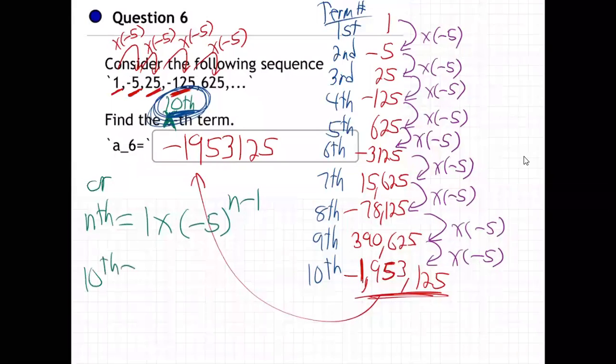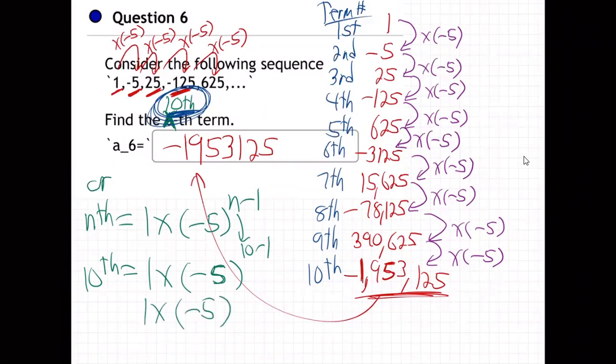So the 10th term would be 1 times -5 to the 10 minus 1, right? So that'd be 1 times -5 to the 9th. If you do that in your calculator, boom, you'll get the same thing. So that's the other way. Or you could have done it with a formula and then just plug in 10 for n. That's okay too. Either way will work.